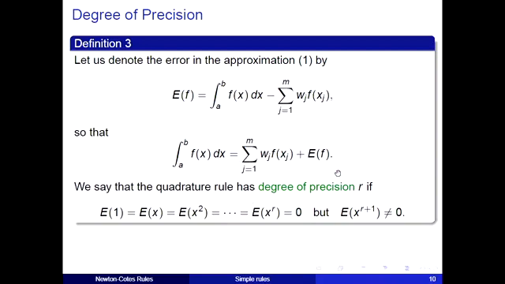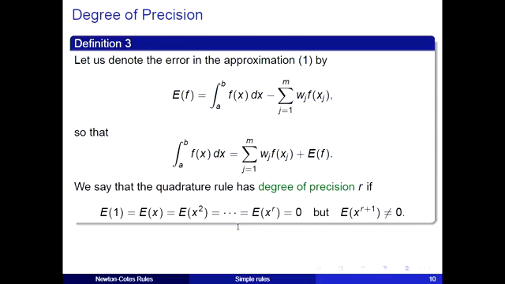Here we don't have absolute values, so that's why the error plus the quadrature equals the exact integral. And if the error equals 0 for the functions 1, x, x squared, up to x to the r, but if you increase to x to the r plus 1, then the error is not 0, then we say that the quadrature has degree of precision r.